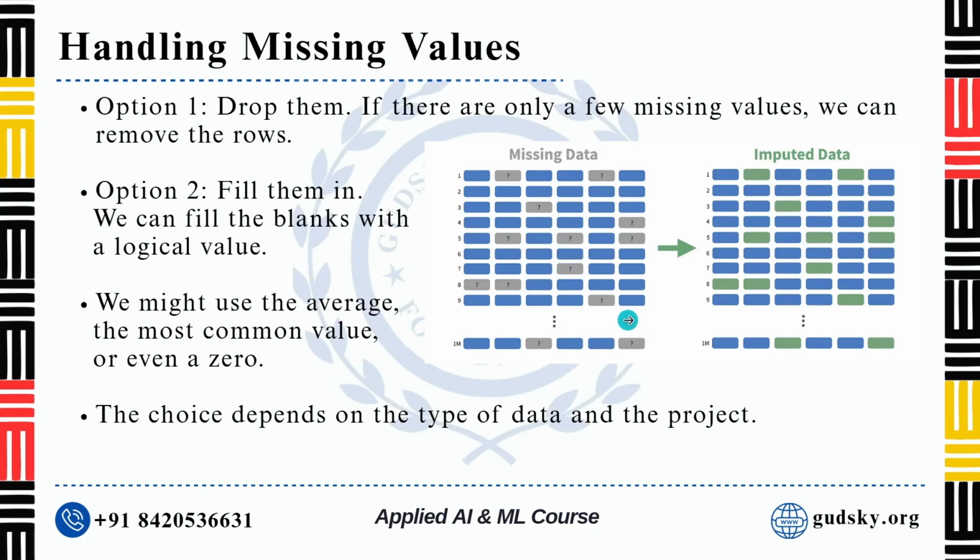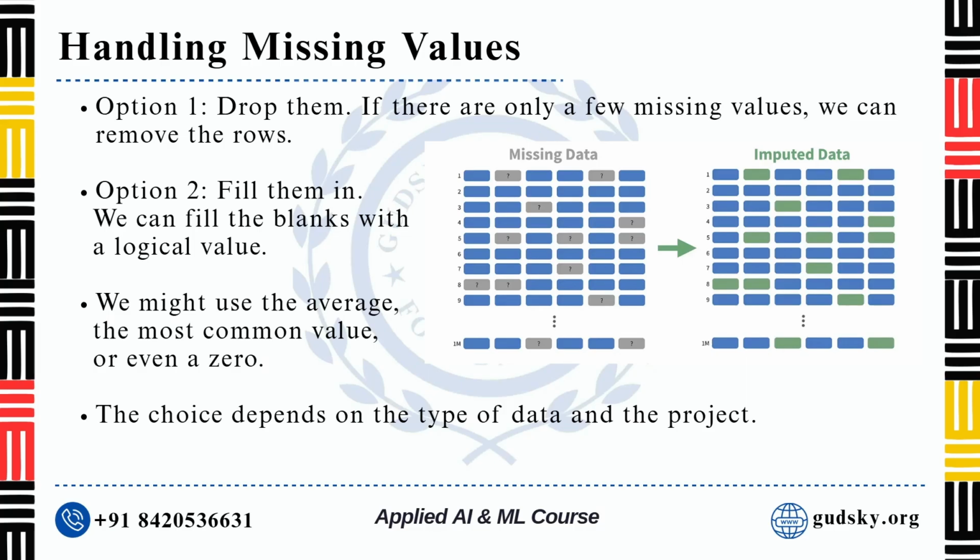Once we know where the missing values are, we have two main options. Option 1: if there are only a few missing values in a large dataset, we can simply remove the entire row. This is called dropping the data. Option 2, a more common approach, is to fill the blank spaces.